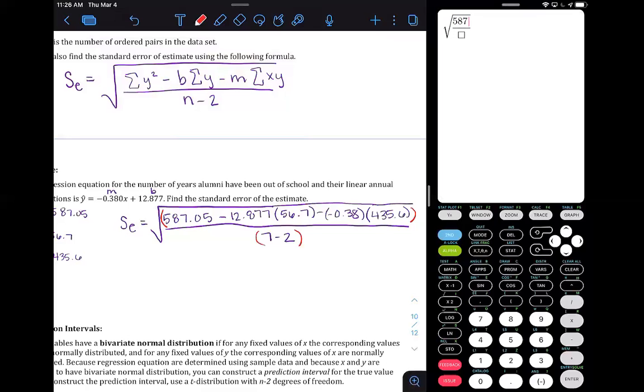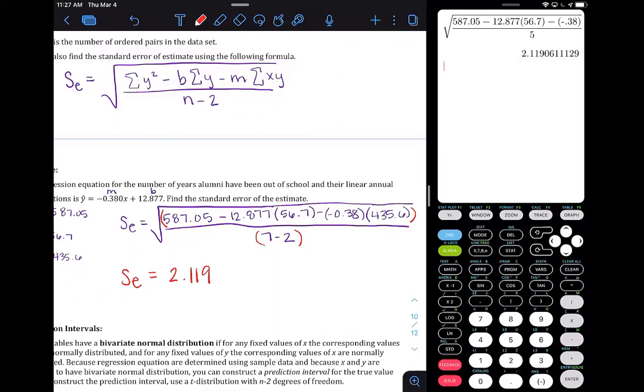So we have 587.05 minus 12.877 times 56.7 minus negative 0.380 times 435.6, all over 5. We're always going to round to how many decimal places? 3. So S sub E is 2.119.